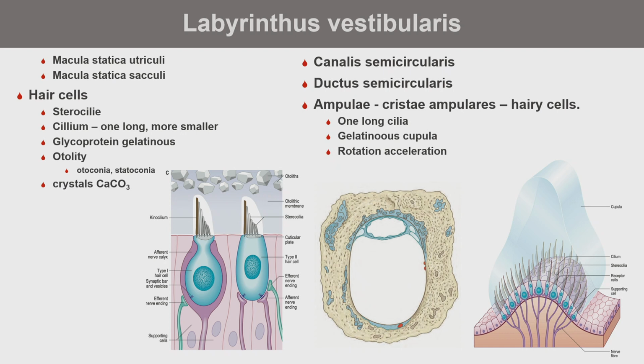The sensations from the vestibular apparatus, so from labyrinthus vestibularis, are registered by 2 kinds of receptors, which are very similar. And the receptors in the cochlear apparatus are in principle the same.